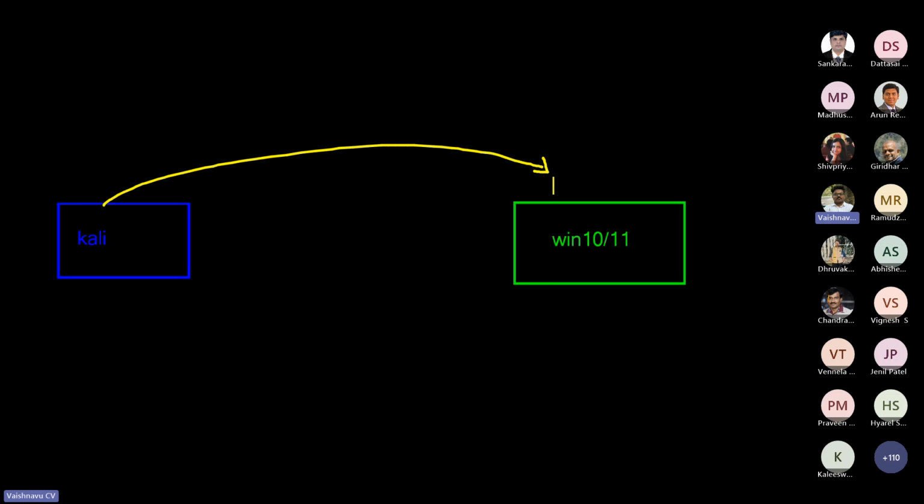The system gets compromised. So Kali is used first to deliver the attack.